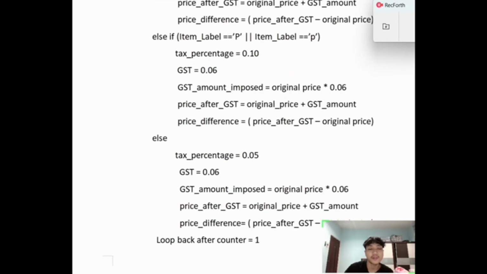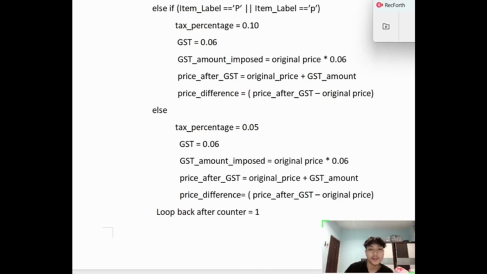Else if tax percentage is 0.05, GST equals 0.06, GST_amount_imposed equals original price times 0.06, price_after_GST equals original_price plus GST_amount, price_difference equals price_after_GST minus original price. Loop back after counter 1.